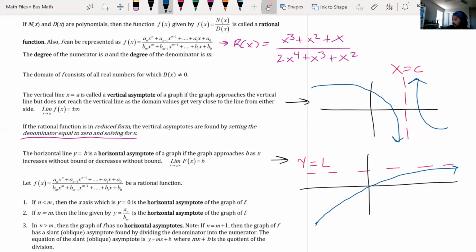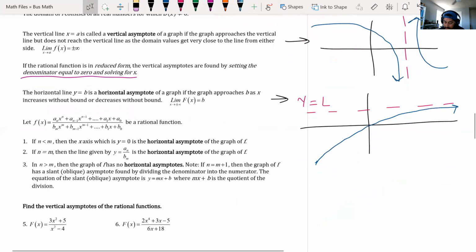But horizontal asymptotes can be intersected. The only type of asymptote that can't be intersected is a vertical one. Okay, so keeping everything really, really simple, an asymptote is a line that your graph will approach, but will never touch. So you get really close, but you'll never touch. A horizontal asymptote, you may intersect on that possibility. But again, this is business math, so we don't get too crazy with this stuff.